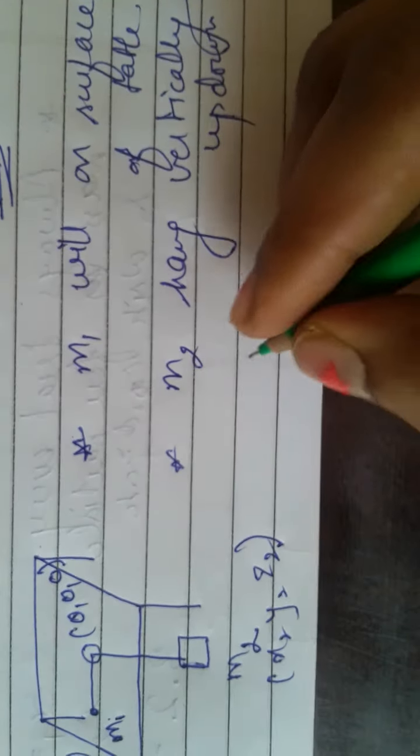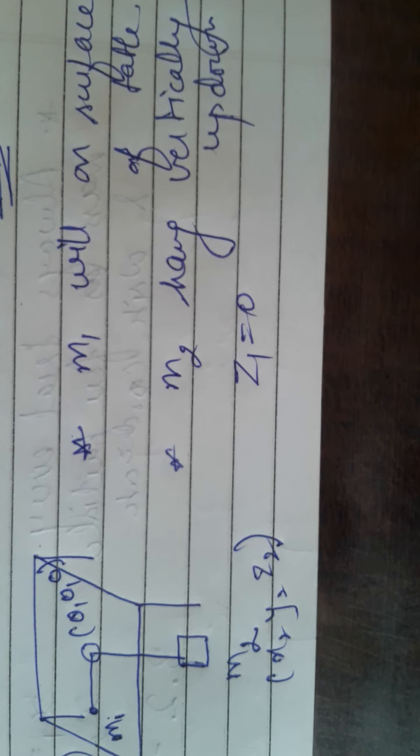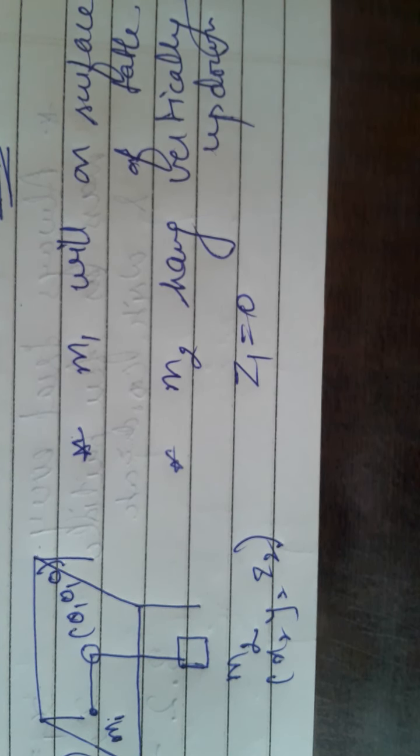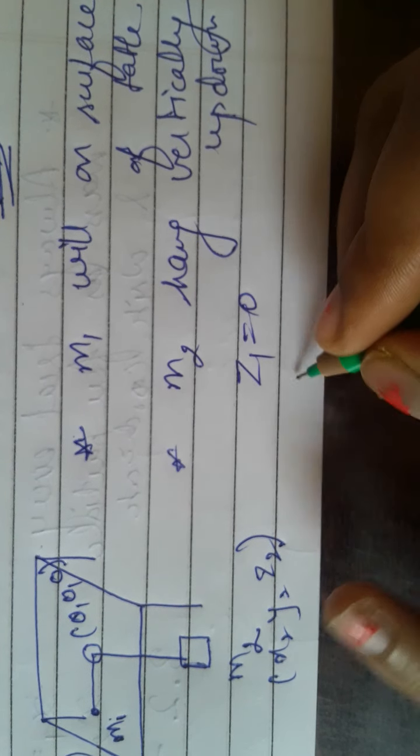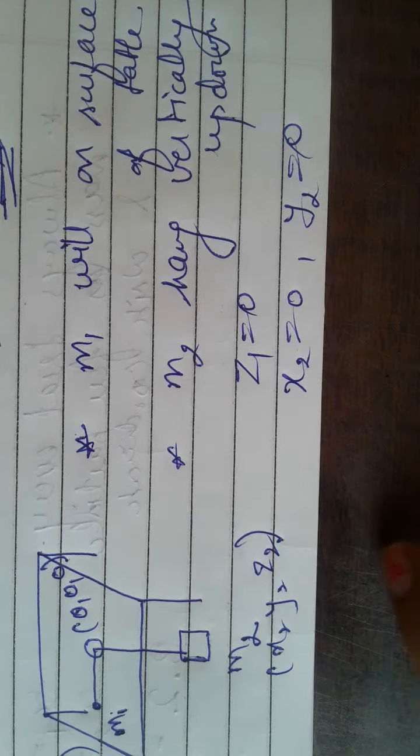So z1 will always be 0. And m2 can only move up and down, so it can never go in x and y. So x2 will be 0 as well as y2 will be 0.